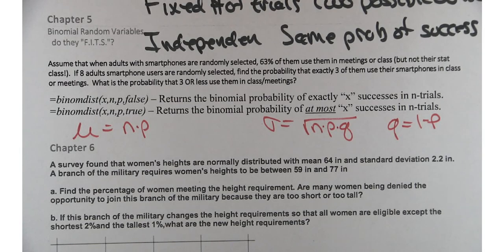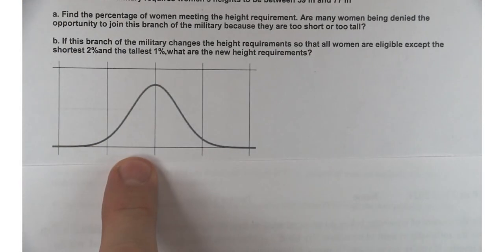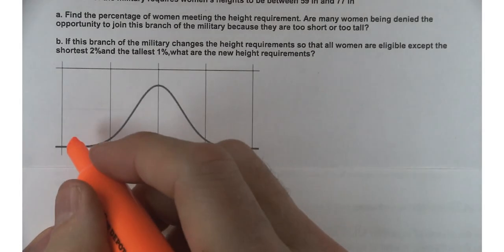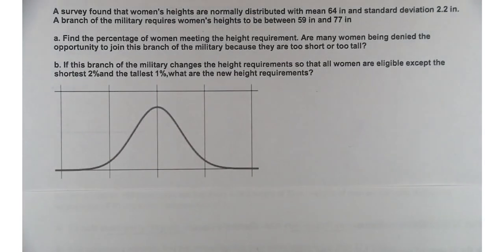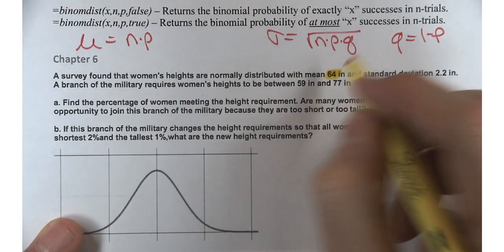Let's move down to chapter 6, where we start talking about this curve. What kind of curve is that? Yeah, it's your standard normal curve. So, very nice. We're going to work with a particular normal curve that has a mean of 64 and a standard deviation of 2.2.